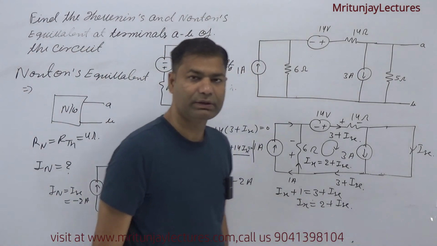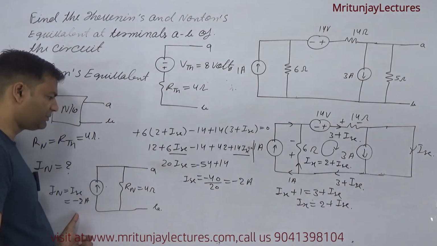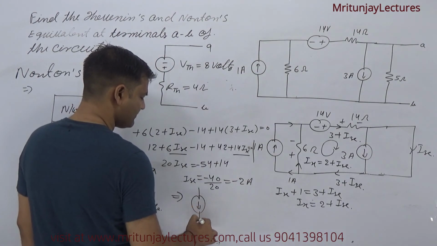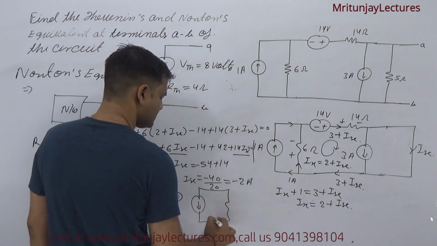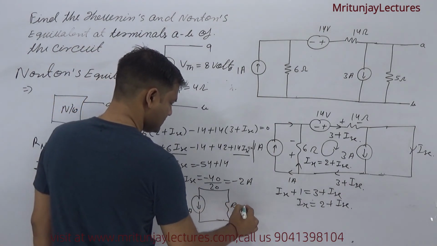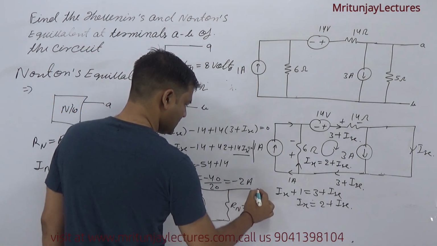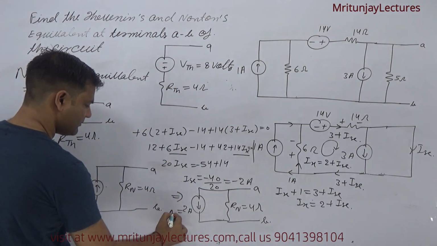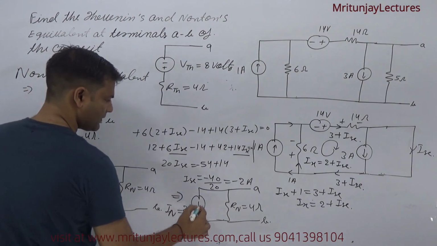What about the current? Minus 2 ampere. It means the actual direction of the current is downward, the current is 2 ampere, and RN is 4 ohm, with terminals A and B, and that is IN. Okay, make it.